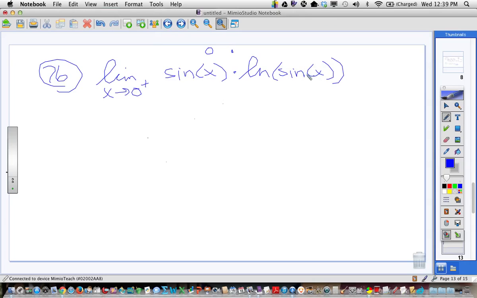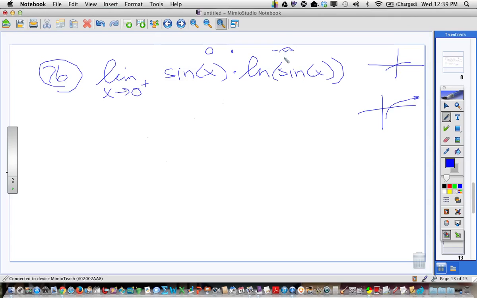So we got to kind of think this one through a little bit. Think of the sine graph like so, right? From the right, as x approaches 0, sine is approaching 0 from the positive, in other words, it's like 0.01, 0.02, that kind of thing. Then we're talking about ln of those values, and as ln approaches 0 from the positive, that's negative infinity.